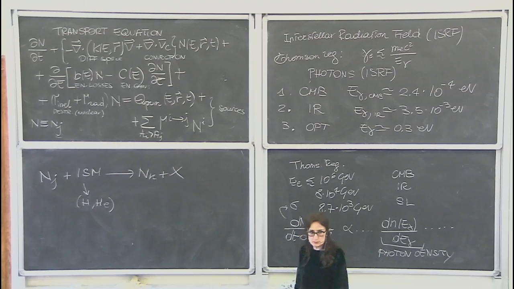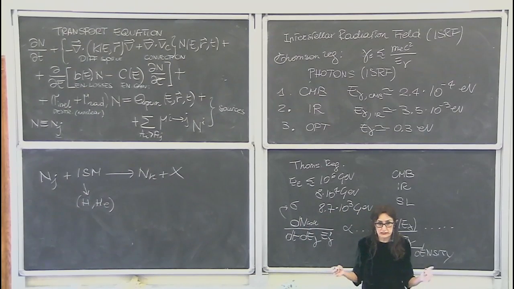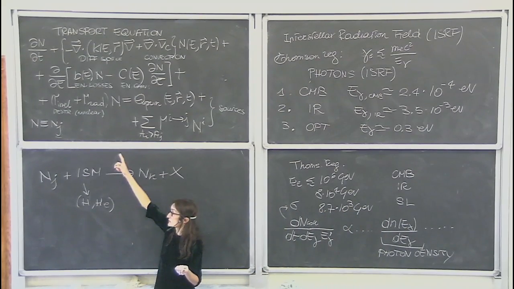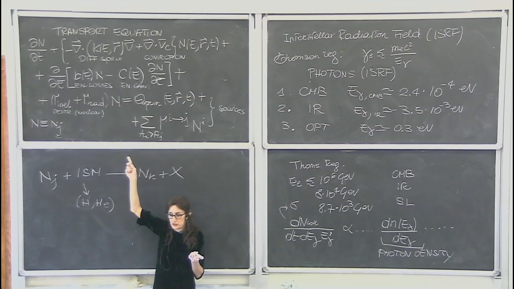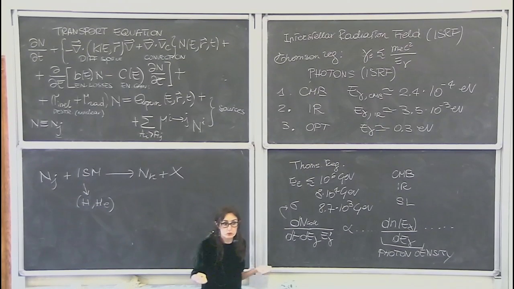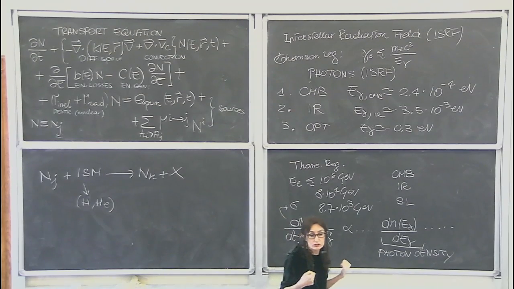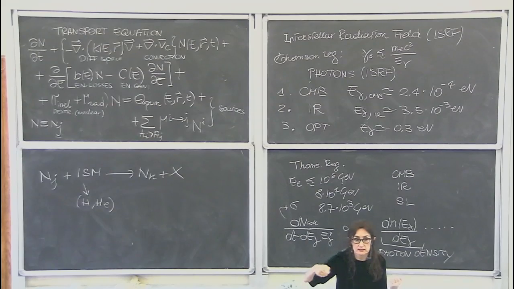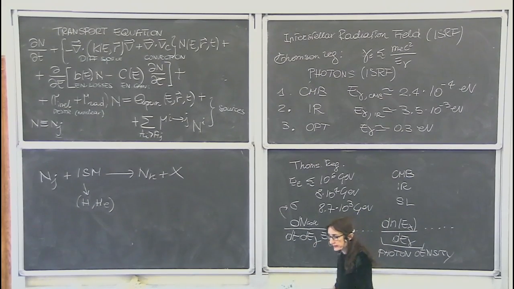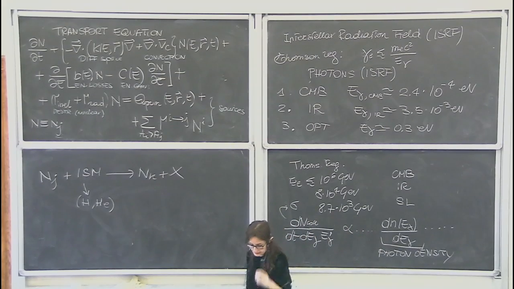So the nucleus disappears. And not only can it decrease its energy, so the fact that this effect is not in the energy losses term is because it not only loses energy, it is destroyed. So we have to subtract all the particles that in their wandering in the galaxy lose themselves because of destruction.